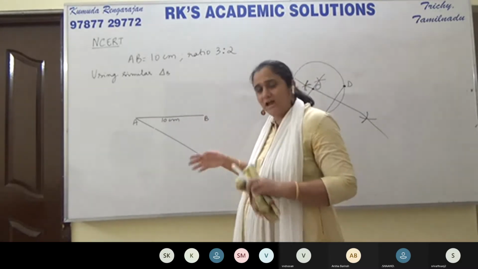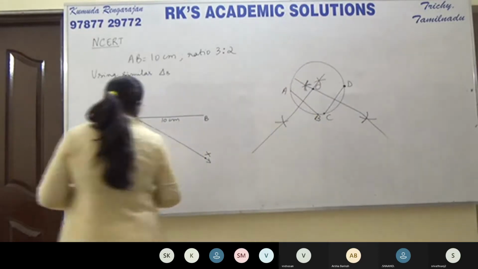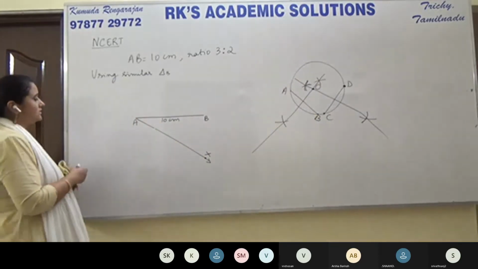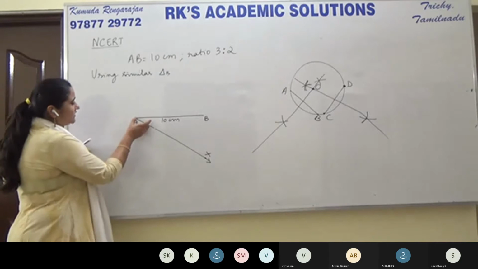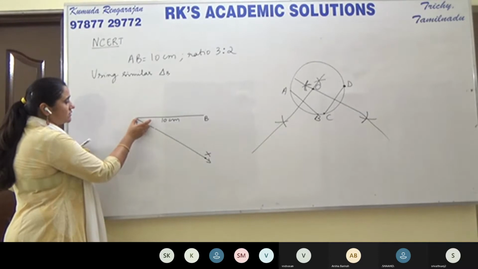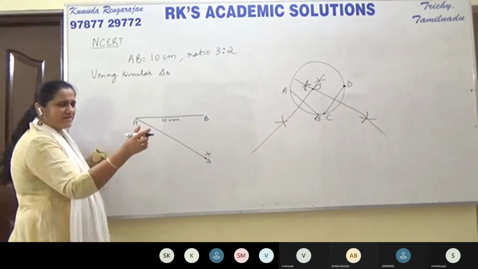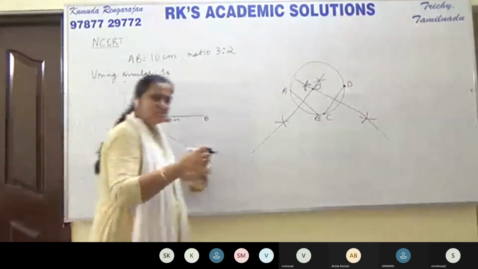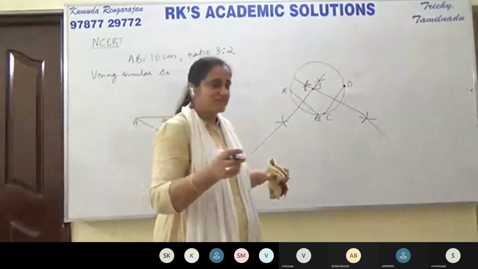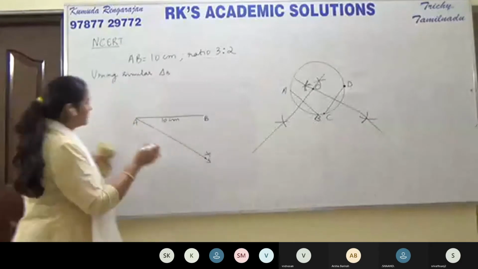I'll do it once. Now take your compass and keep it ready. Put your compass tip at A. There's nothing like a sufficient radius here, maybe a radius of about 3 centimeters.